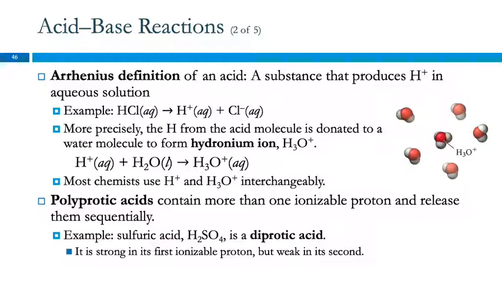That doesn't describe what's really happening, though. If we think about a hydrogen atom, it has one proton and one electron, right? When it becomes a hydrogen ion, H+, it loses its electron, so what's left? A proton. Just a bare proton.